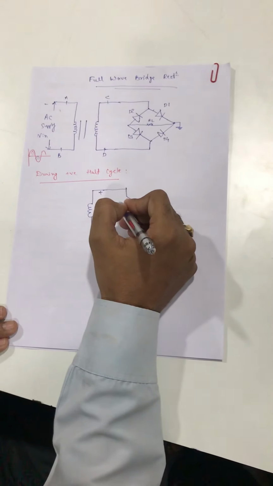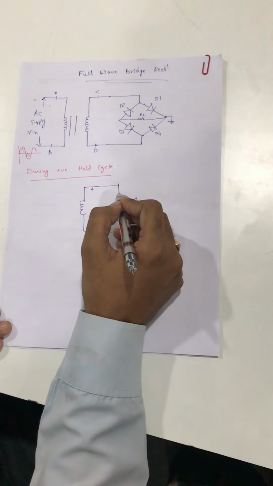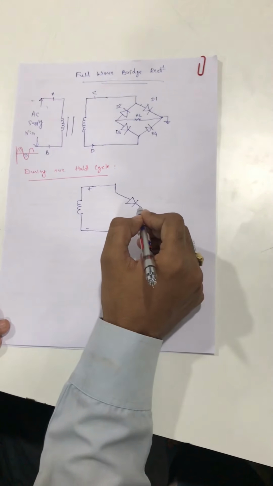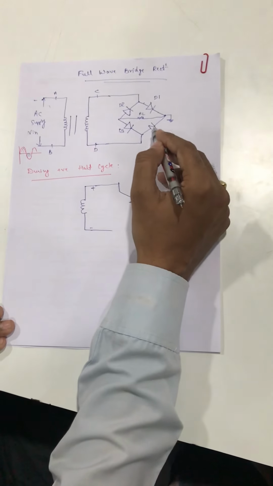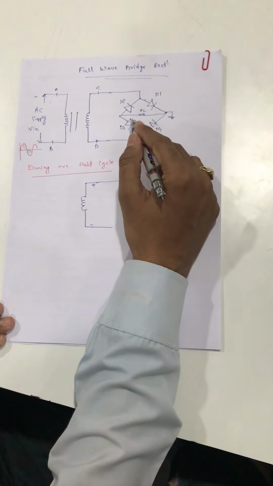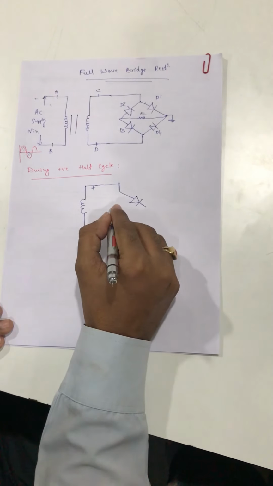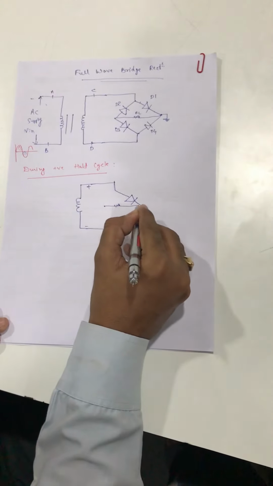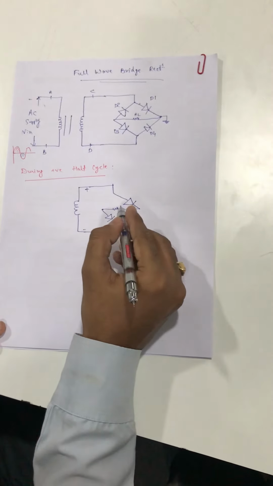The same applies to diode D2, but D2 will be reverse biased. Simultaneously D4 will also be reverse biased, but D3 will be forward biased.